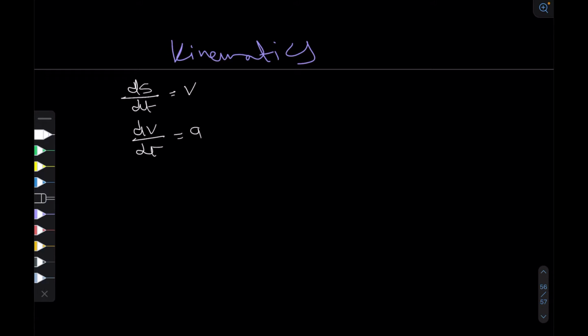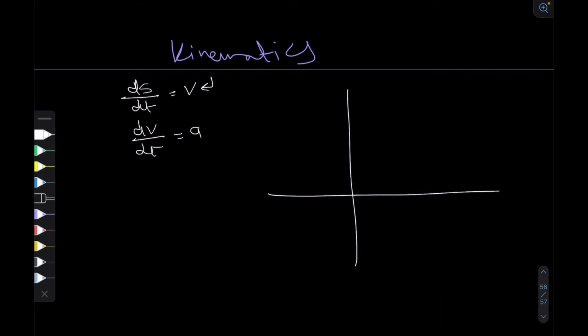Right, so this is literally how they are defined. Velocity is how much displacement changes with some change in time, and acceleration is how much velocity changes with some change in time.